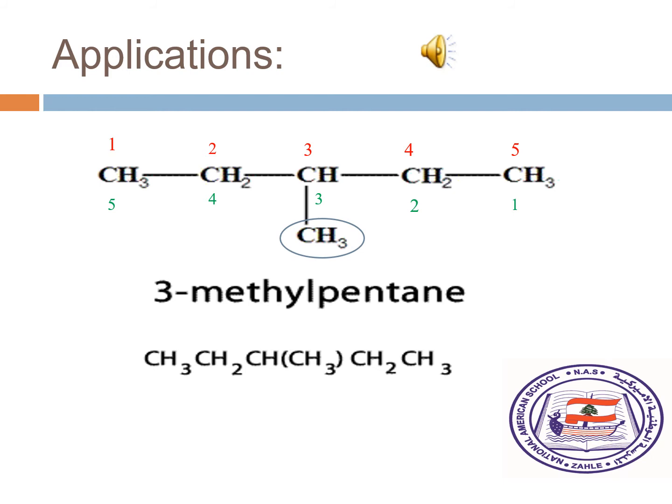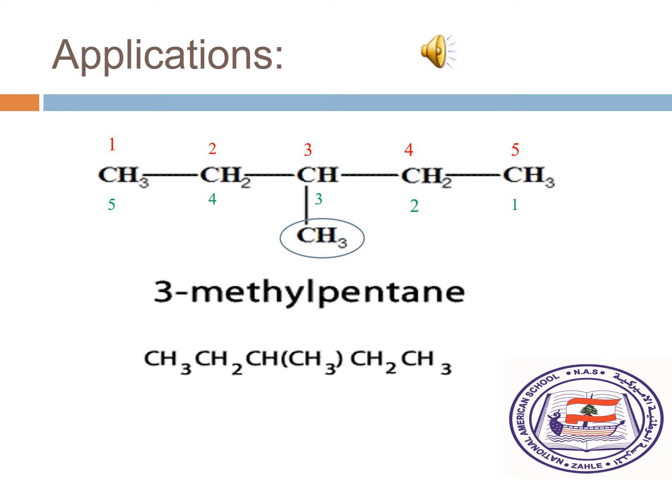So the name is as such. We write down 3 to indicate that the methyl group is located on carbon number 3. Now, why did we place a hyphen between the 3 and the M? In the rules given previously, when you have a number and a letter, you have got to use a hyphen to separate between them.